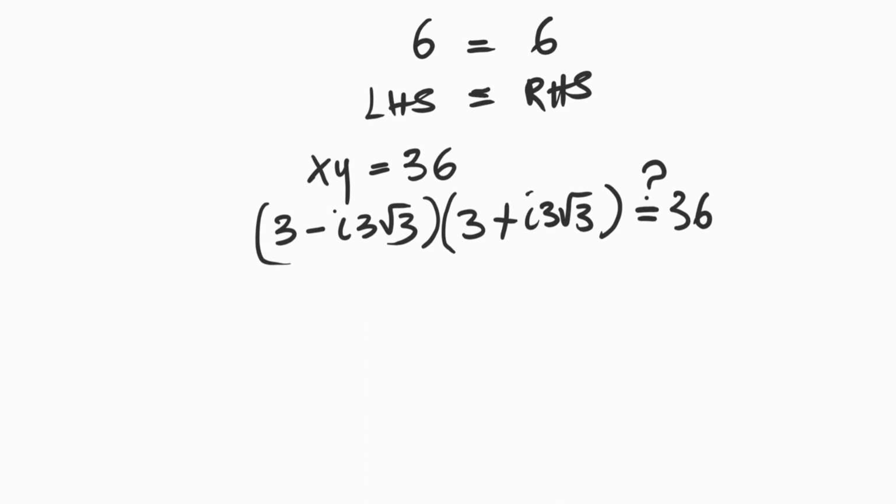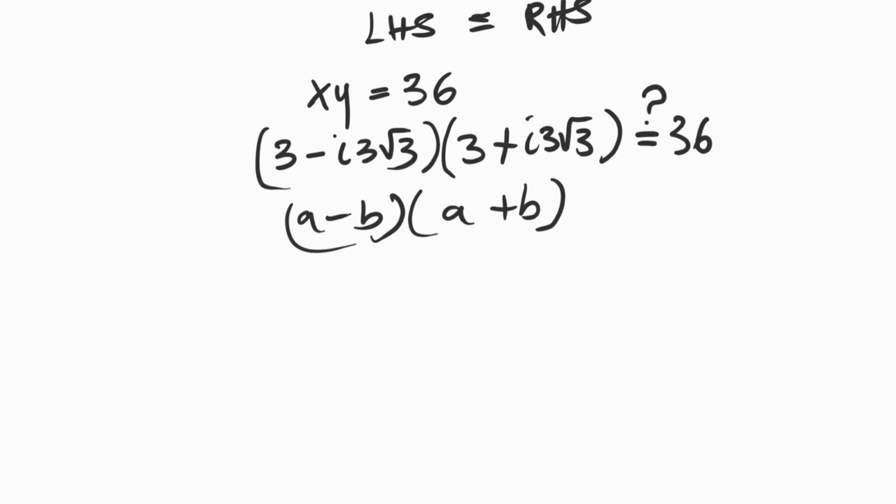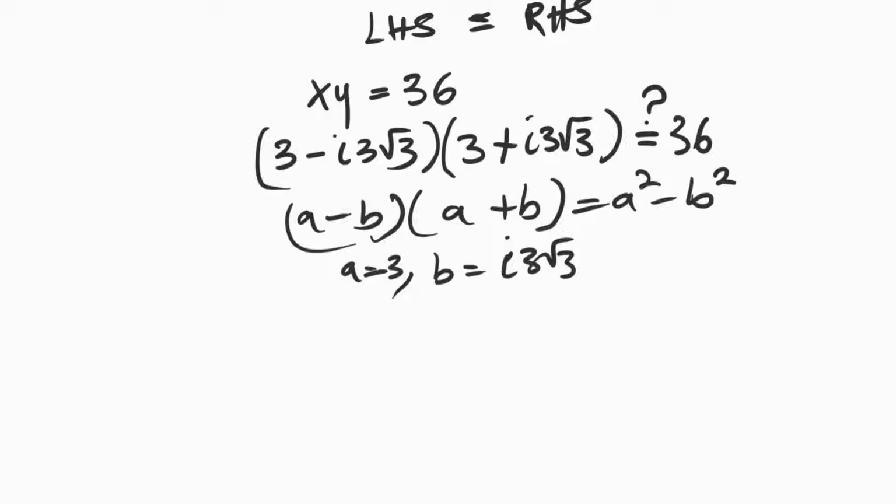We can see this is a difference of two squares: (a minus b)(a plus b) gives a squared minus b squared. Our a is 3, and our b is i3√3. So if we multiply through, we have 3 squared minus (i3√3) squared.